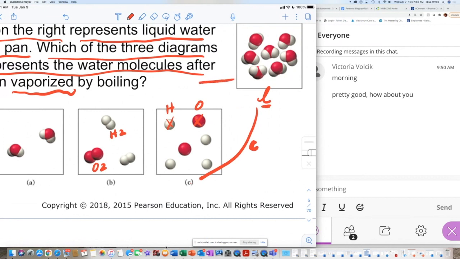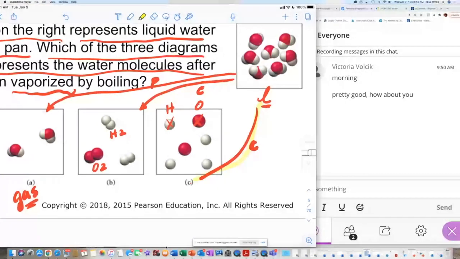If you're comparing the liquid to C, that will also be a chemical change because the connection has changed completely. But if you compare the liquid to A, that is a physical change because in this case, as you can see, the connectivity hasn't changed. The only thing that has changed is the spacing, therefore making A the gas state of the picture on the right. Okay, so please notice that both of these are chemical changes.